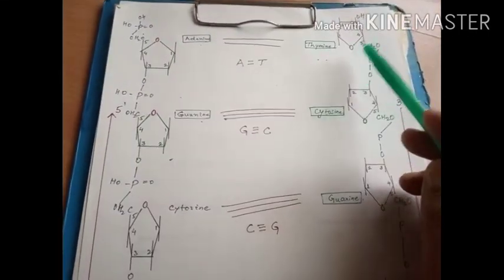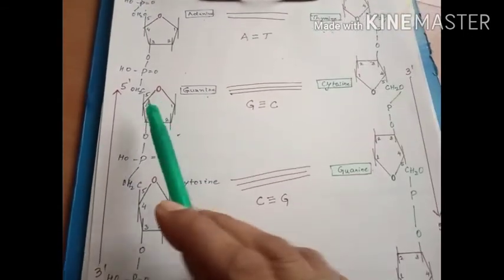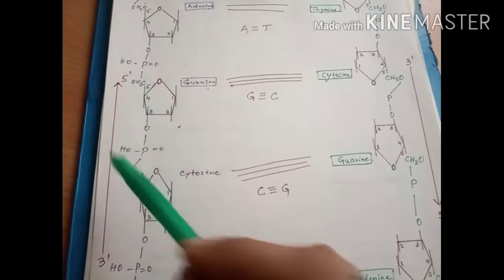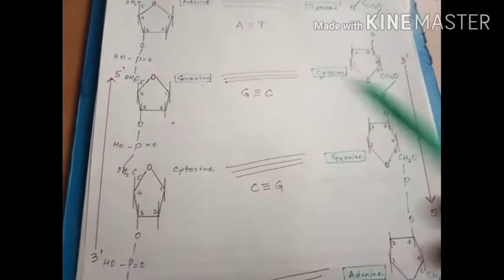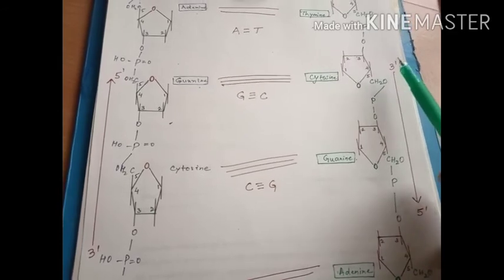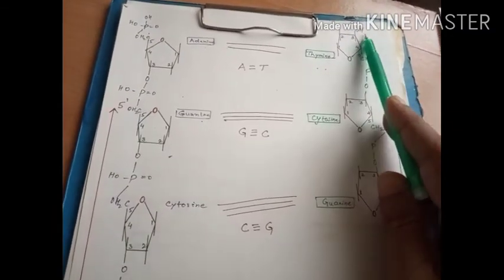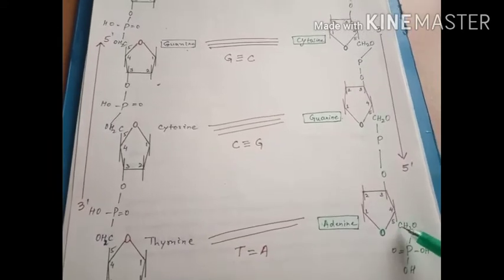So we can say that one nucleotide strand has the 5' end at the top, whereas its parallel strand would have the 3' end at the top. So one strand is in the direction of 3' to 5' end, whereas the other one is in the reverse direction. We can observe the 3' end is the free end in this nucleotide strand, and the 5' end is towards the downward direction.